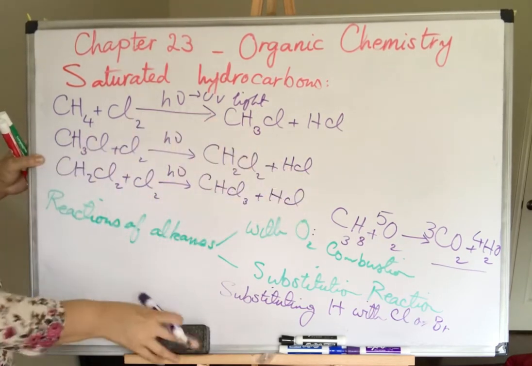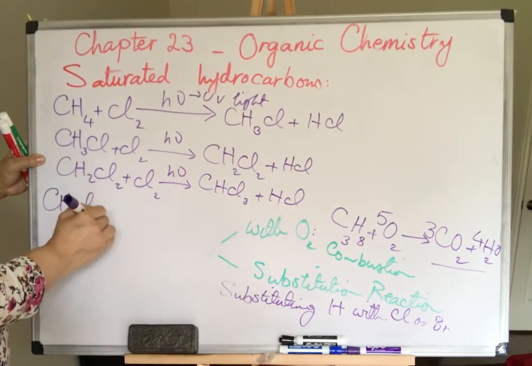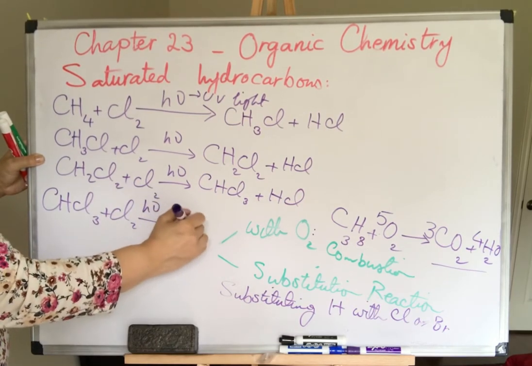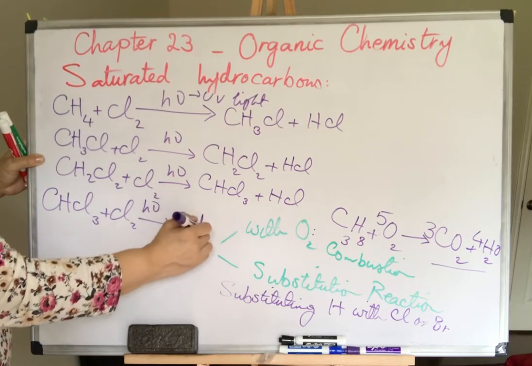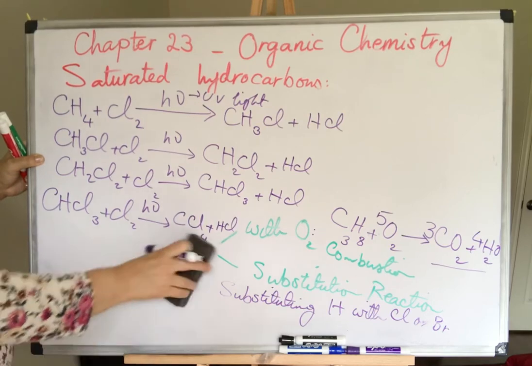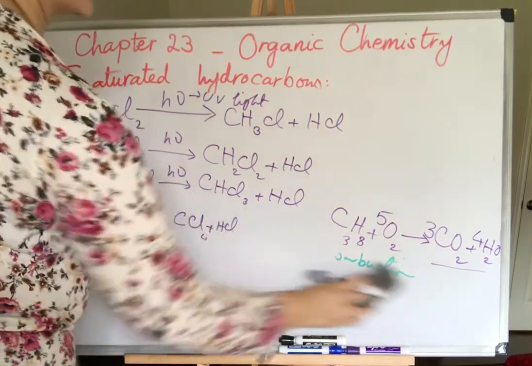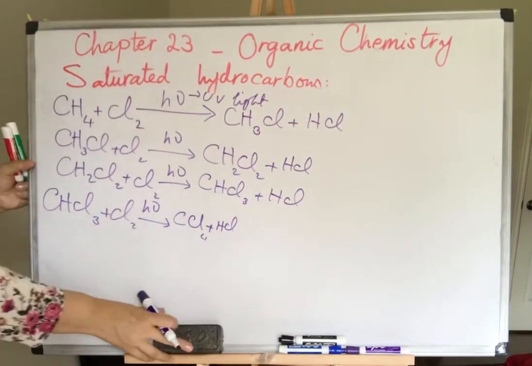And finally, CHCl3 plus Cl2, instead of CH4 you have CCl4. So you have substituted all the hydrogen atoms by a halogen. So the second reaction, again, is a substitution reaction.